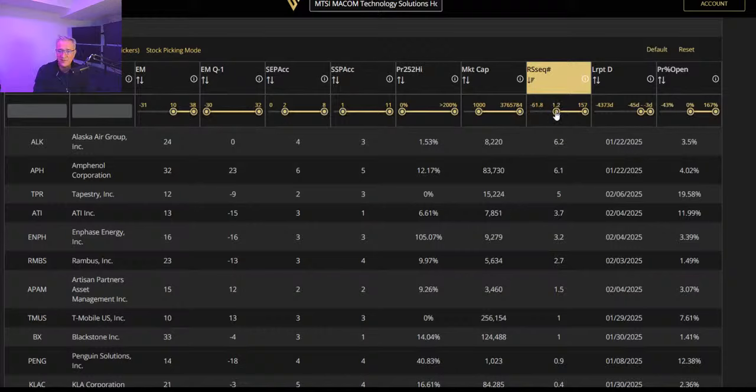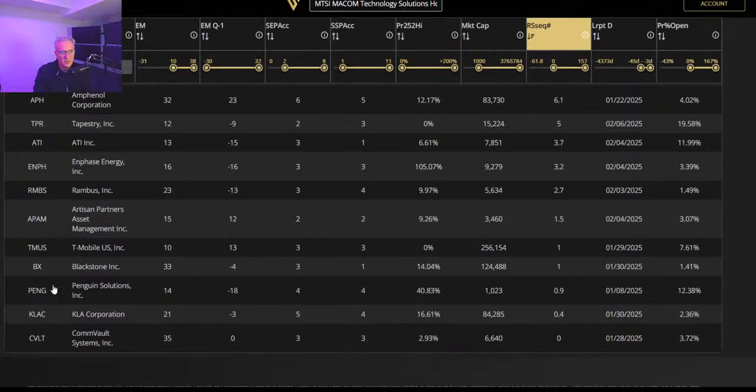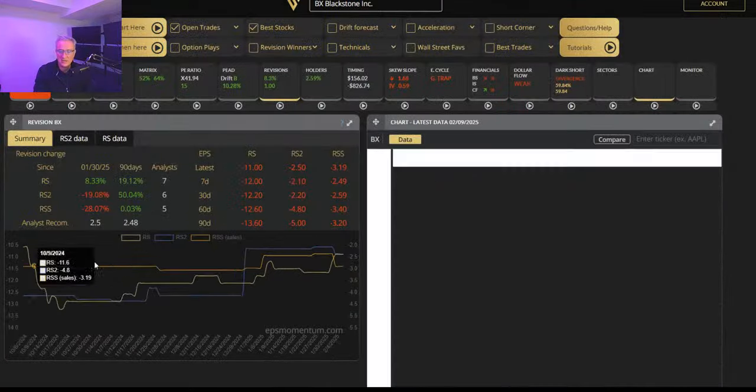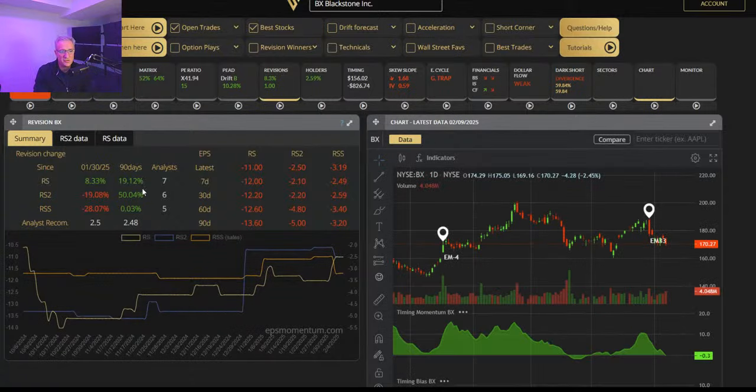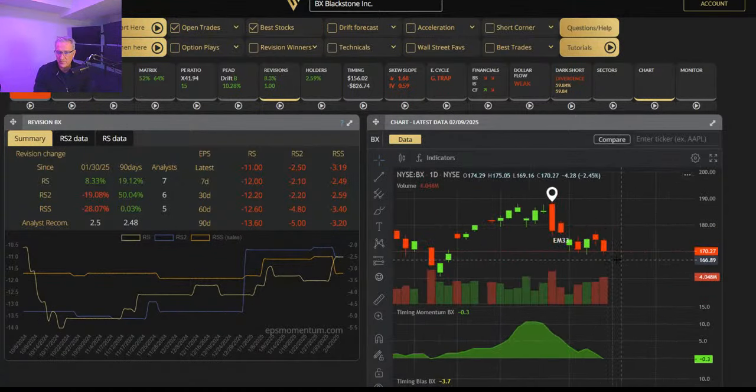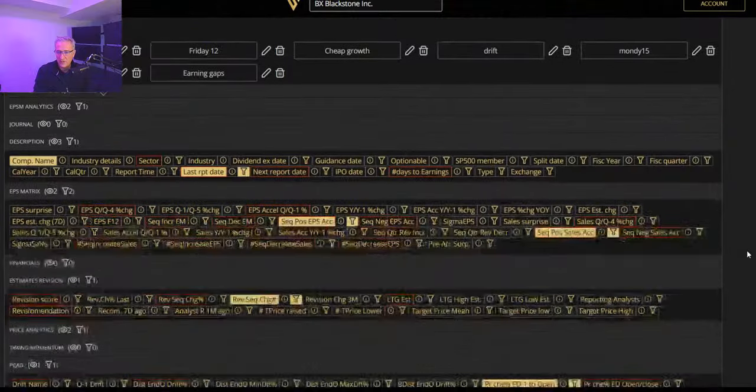I'm going to filter for positive revisions here. There you go, and now I'm down to 12 names. So I can see Penguin Solutions, KLA, Blackstone. I can click on Blackstone. I can see the revisions positive. Did I filter earnings gap properly?